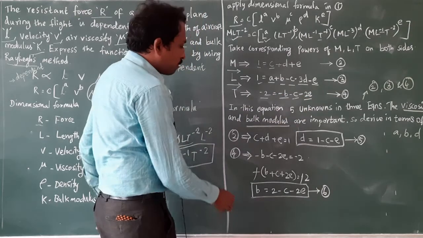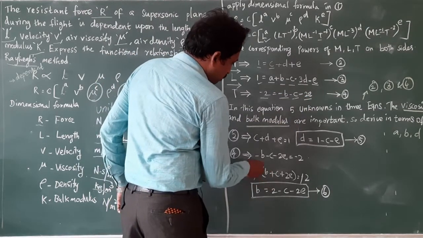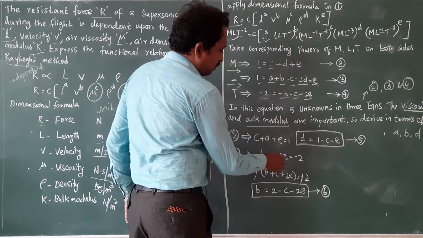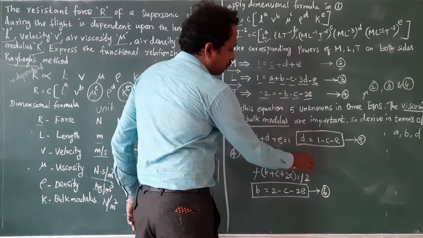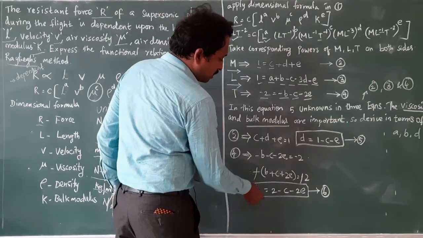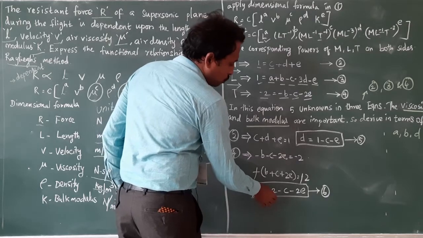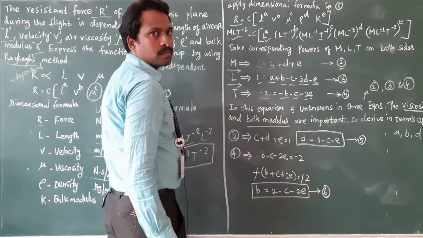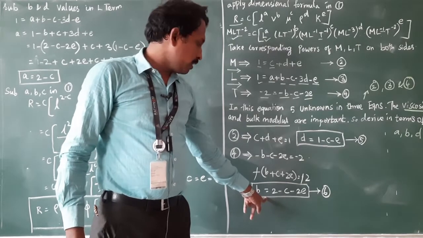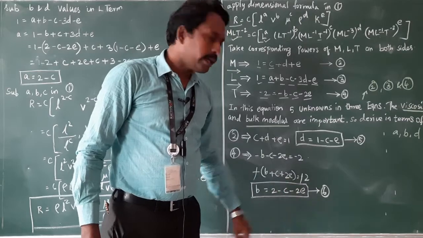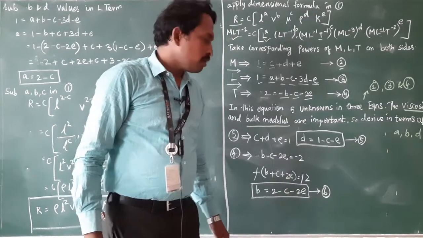Here the minus is common, so I am taking the minus outside. So B plus C plus 2E equal to 2, cancelling the minus on both sides. So B is 2 minus C minus 2E.